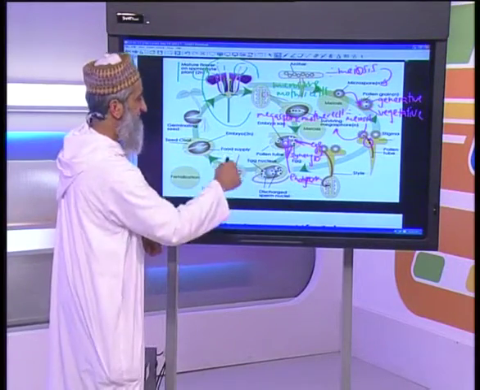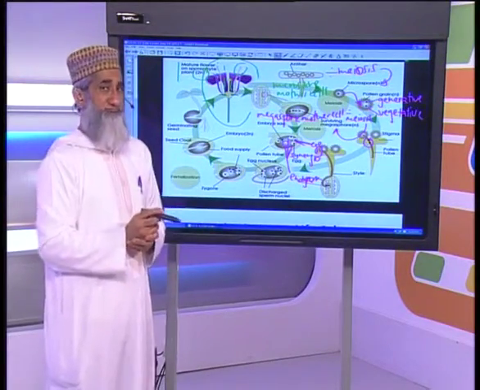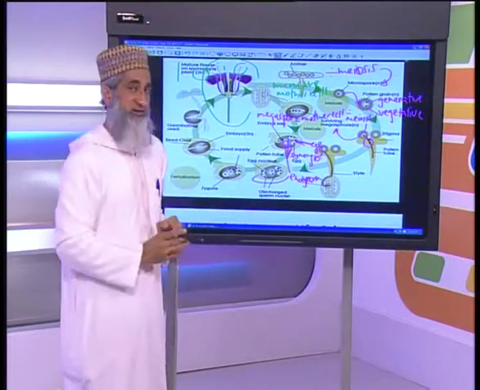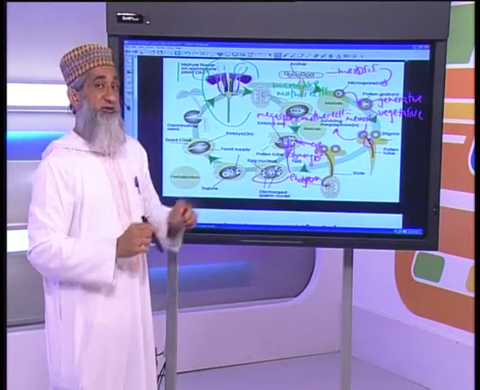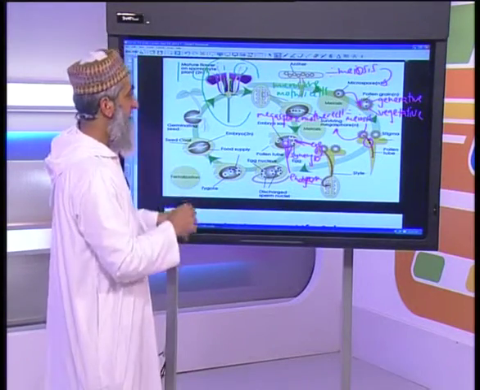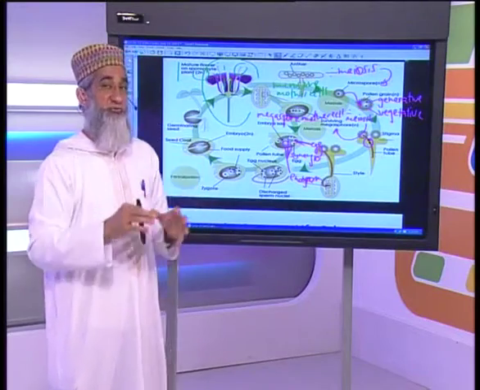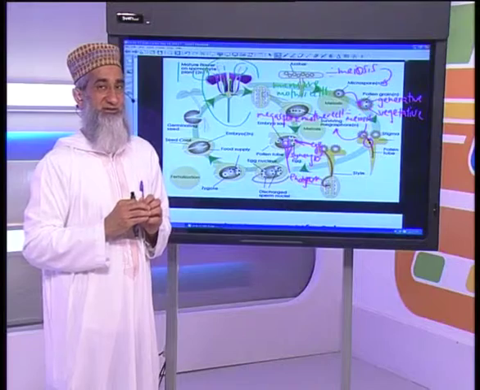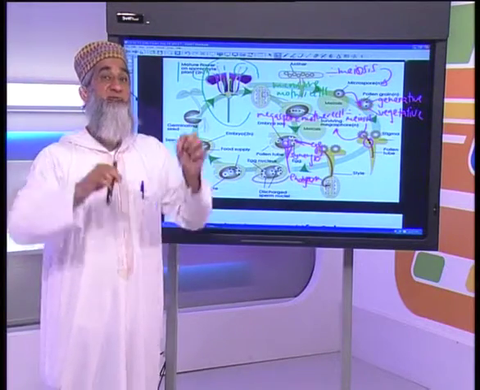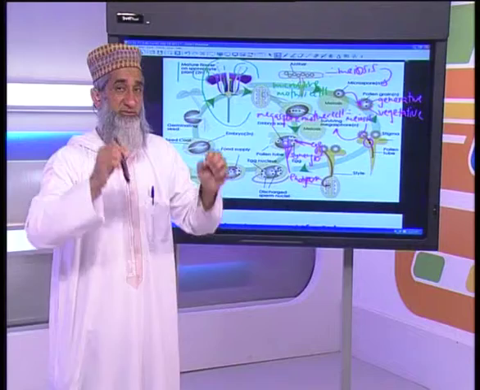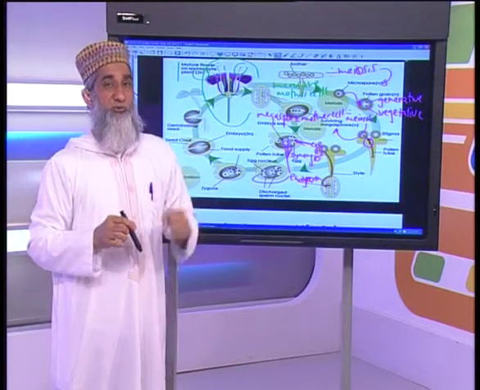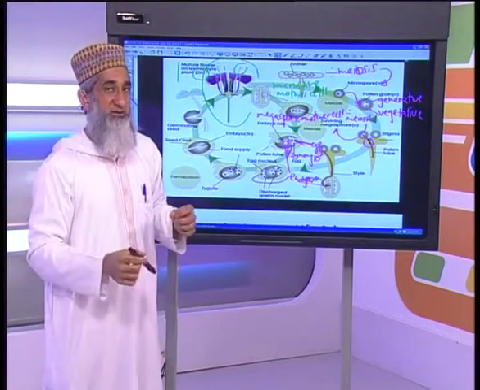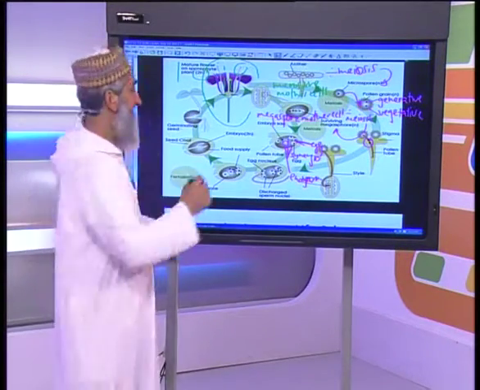So when these cells come in to the embryo sac itself, the one cell fuses with the egg cell, and the other one fuses with the polar nuclei. So we have a situation of double fertilization taking place. Double fertilization, meaning fertilization takes place twice. Now, because the polar nuclei were diploid already, and they fuse with the male gamete, they become triploid, 3N.